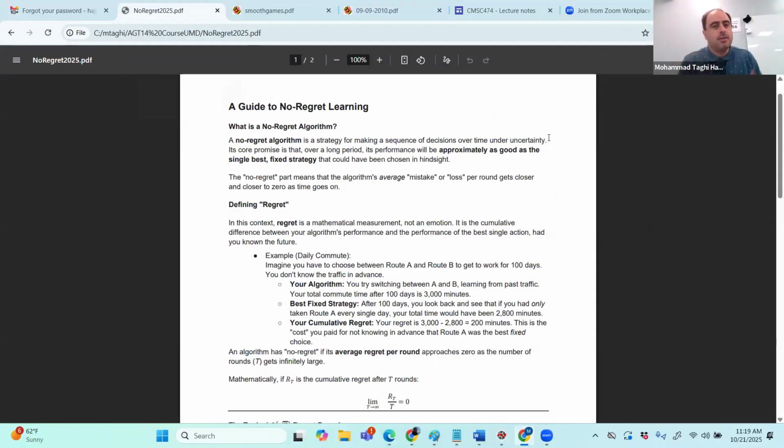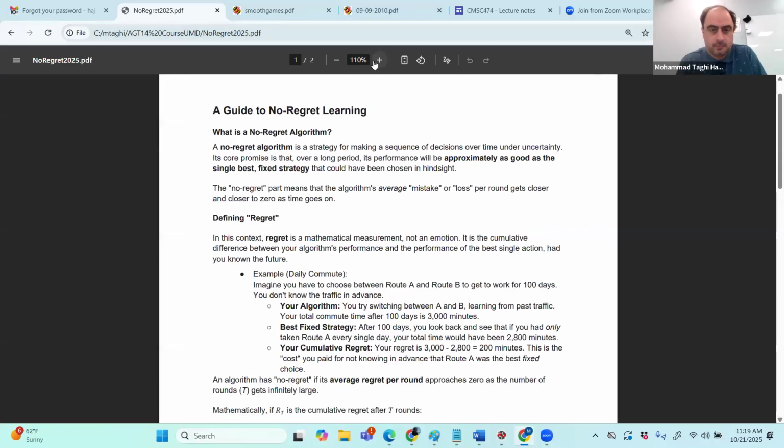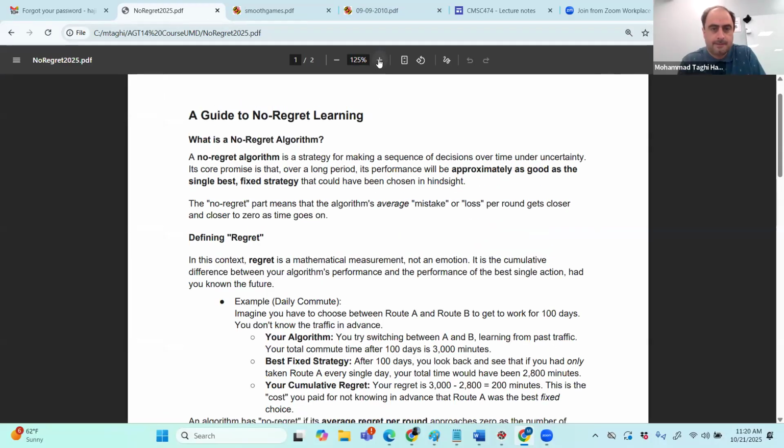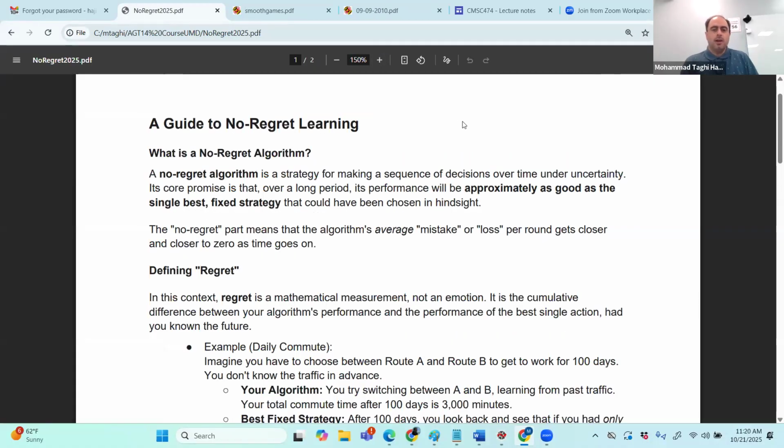Now, the same kind of dynamic you may consider for a no-regret algorithm. A no-regret algorithm is a strategy for making a sequence of decisions over a time period under uncertainty.